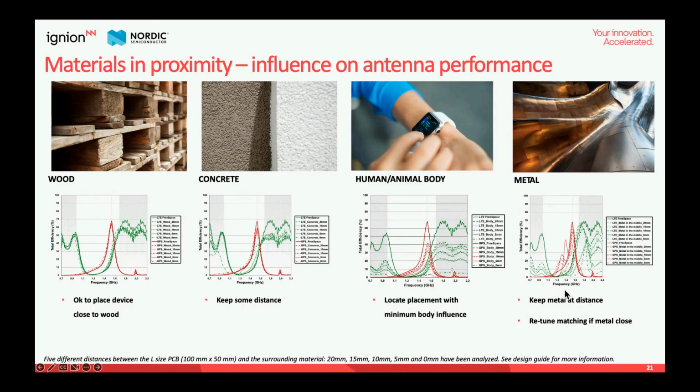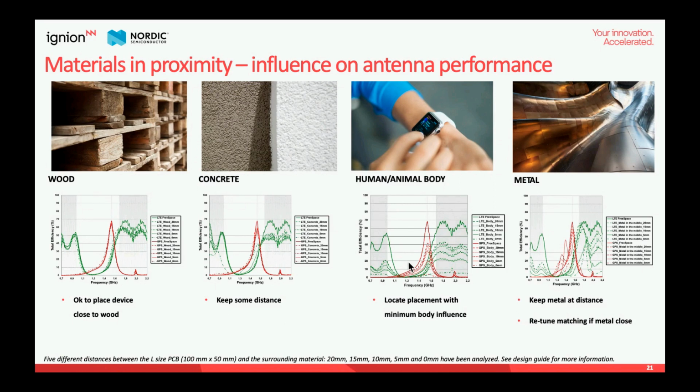We can readjust the matching network, but absorption is something that exists per se. And in here, for instance, for the human or animal body, the absorption may be even 4 dB, 5 dB. And the basic rule is, well, it's quite obvious. As long as you can space the device, more space from the human body, the better. Sometimes it's not possible, but this is the basic tip.